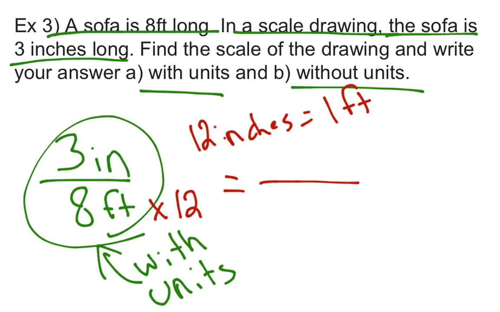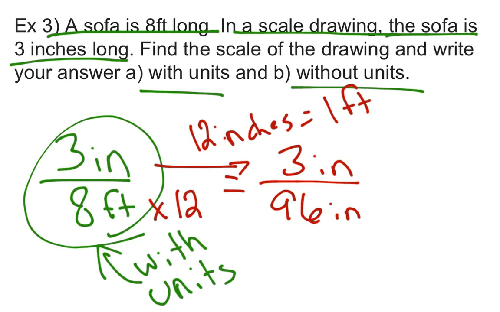That gives me 96 inches. 8 feet is the same thing as 96 inches. The 3 inches on top can just come along because I'm not changing it. So instead of saying 3 inches to 8 feet, I can say 3 inches compared to 96 inches.